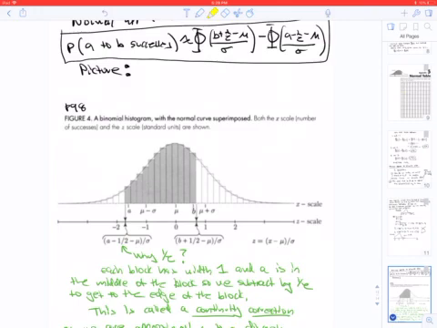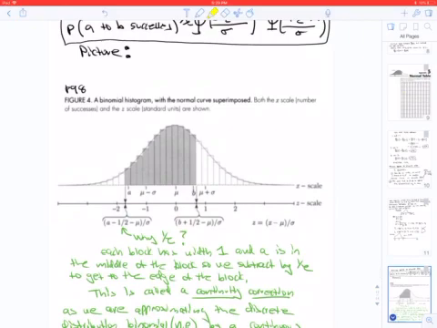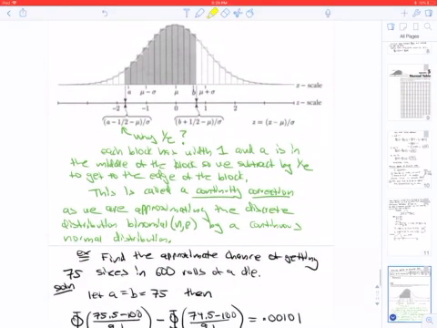So we have a half on either side of the integer. So we want to find the area from A minus 1/2 to B plus 1/2, and then we normalize by subtracting mu and dividing by sigma.